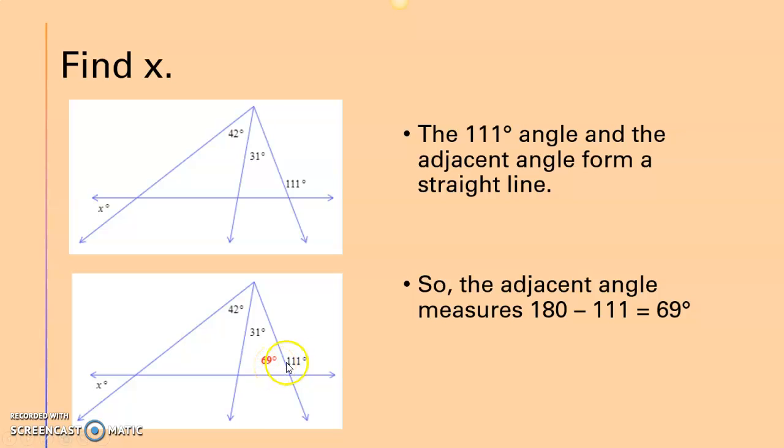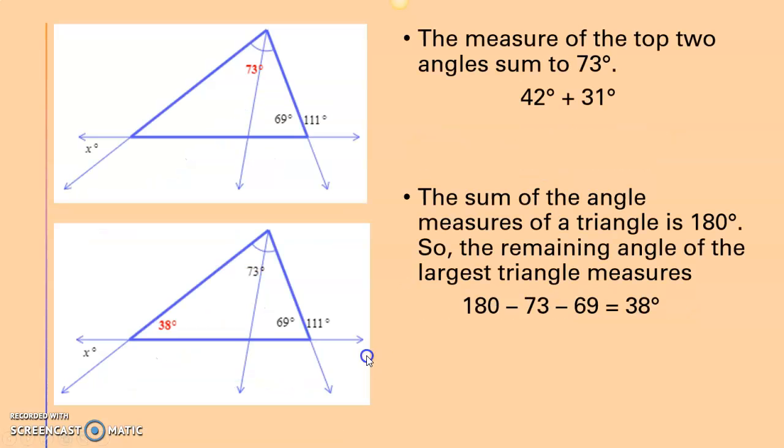So now that we know that, we can move to the next part. We know that this angle is 69 degrees. So if we look at this whole section right here as a triangle, we know that 73 degrees would be this top angle, and then we know that this angle was 69 degrees.